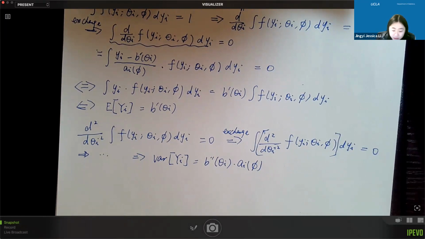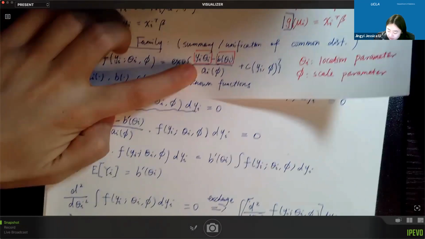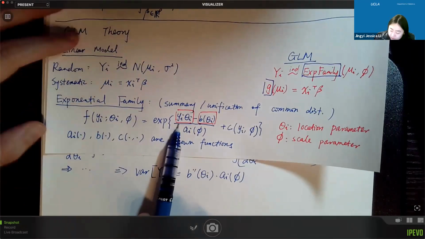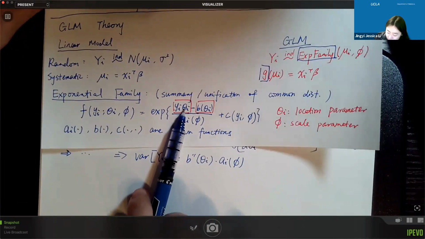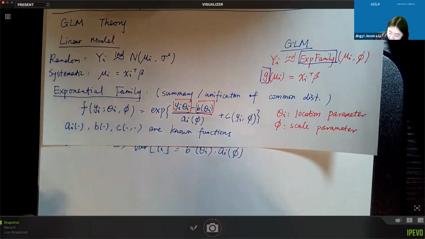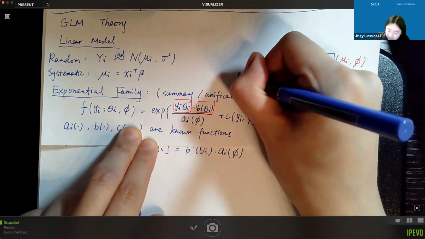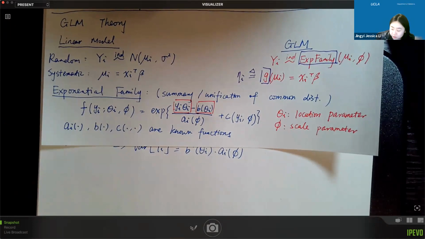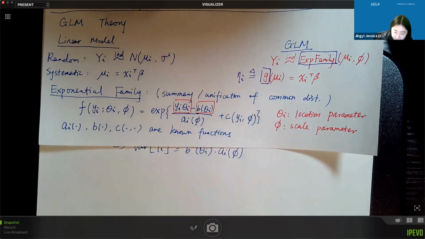Okay, another thing is about the systematic structure. Coming back here, let's look at this function for the exponential family. In the GLM, we have a convenience: we set the linear predictor. If you recall, we introduced this notation before, we call this ηi, and ηi is what we call the linear predictor, the linear function of the predictors.